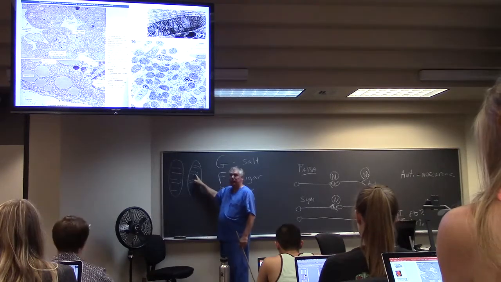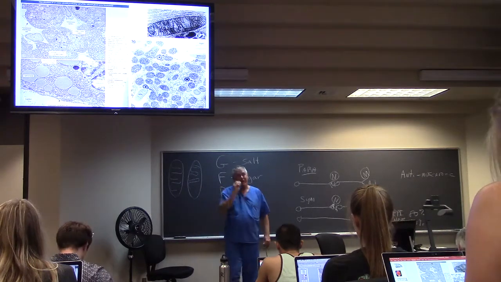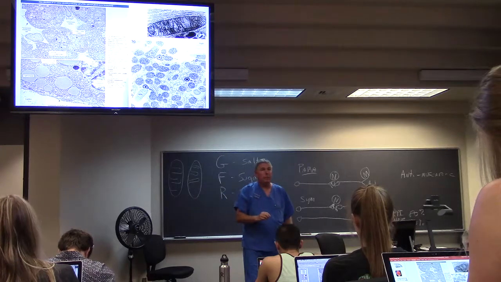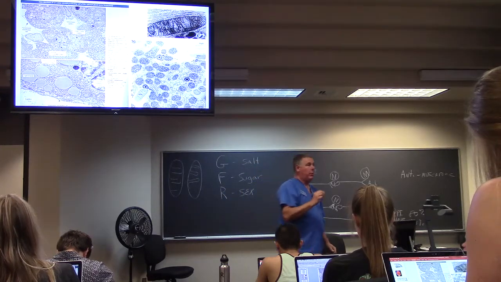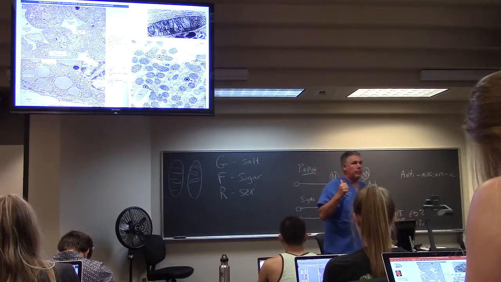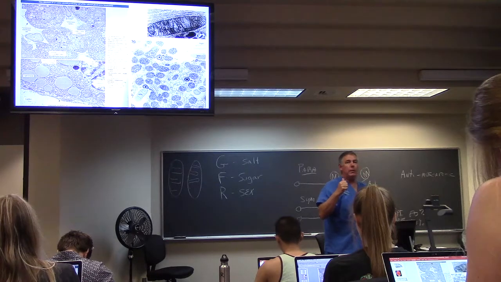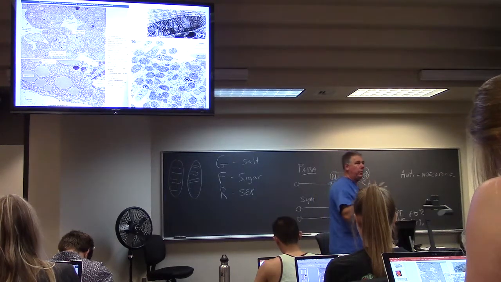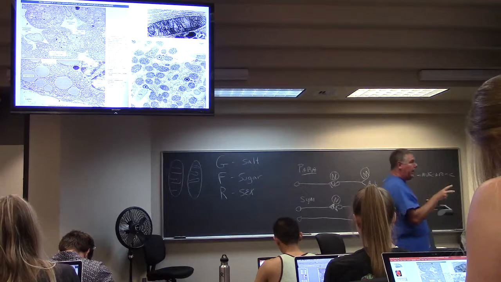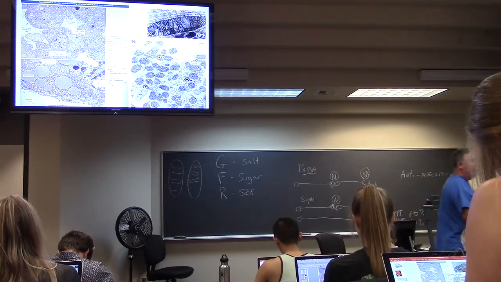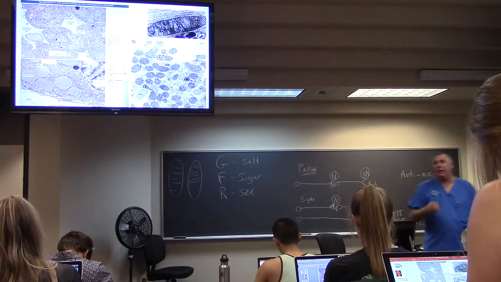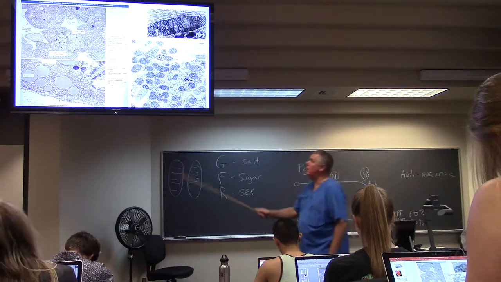Within the membranes of the tubules are the enzymes for production of these hormones. As a matter of fact, those enzymes are located in two places. One is they're located on the tubular cristae of the mitochondria, and the second place is on the SER.